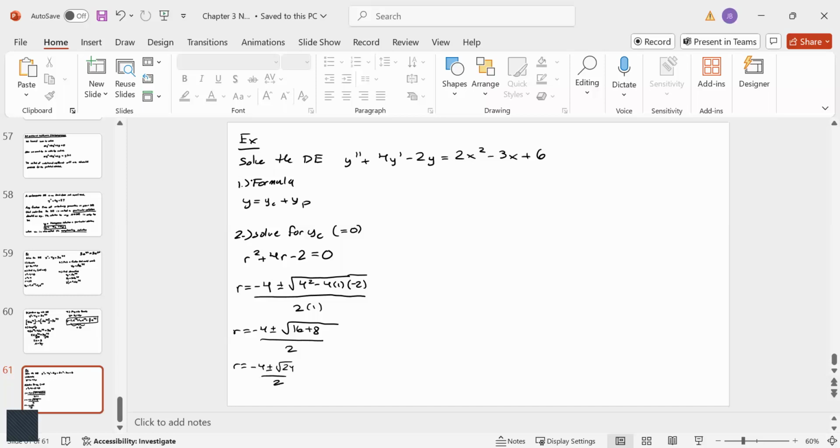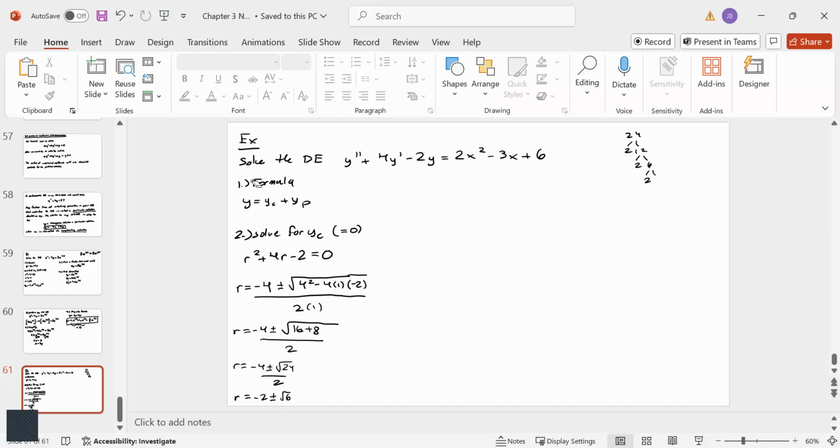Here's the thing, this isn't really going to make a difference to the answer. So the complementary part being ugly for at least this example doesn't make a difference, right? So then r is going to be equal to, I don't know, 24, 2 and 12, 2 and 6, 2 and 3, so 2 radical 6. So negative 2 plus or minus root 6.